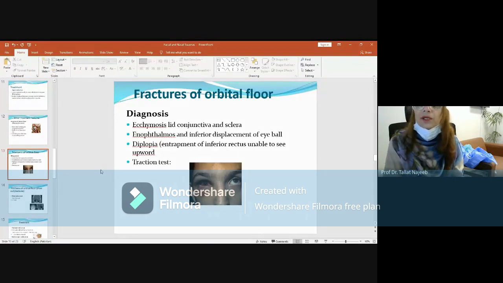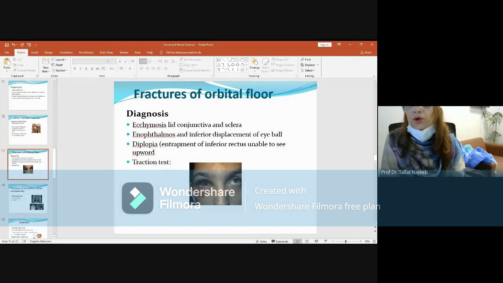Patient will present with ecchymosis like this, and there will be black eye, bruising around the eyes. There will be redness of conjunctiva, ecchymosis of conjunctiva and sclera. Enophthalmos: enophthalmos means you will see the eyeball is getting inside the orbital cavity.